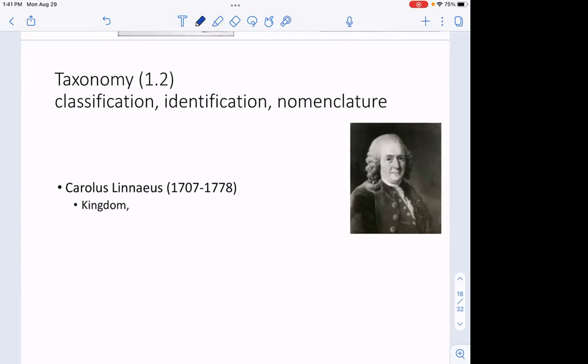And of course, that doesn't work so well when we're talking about microorganisms. Today, we say that if two organisms have 70% homology in their DNA, then they're considered in the same species. But again, Linnaeus said that if they interbreed, they're in the same species.